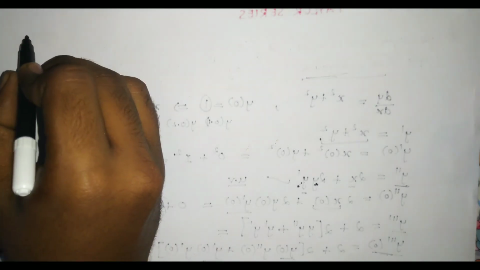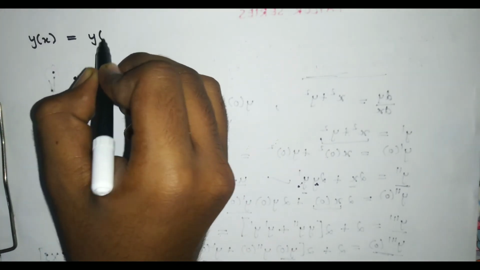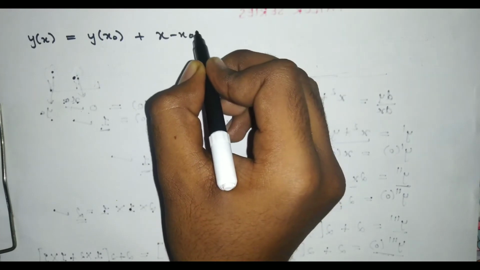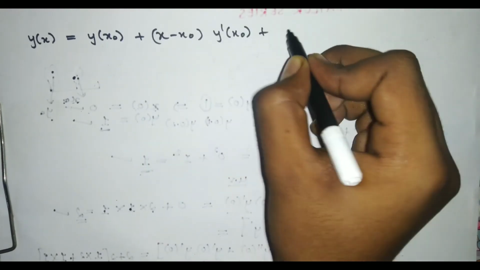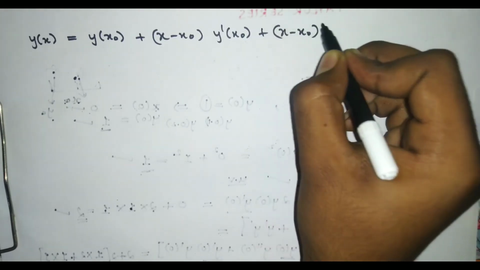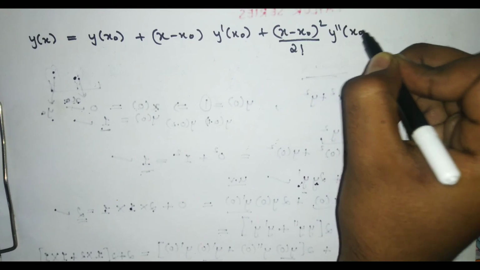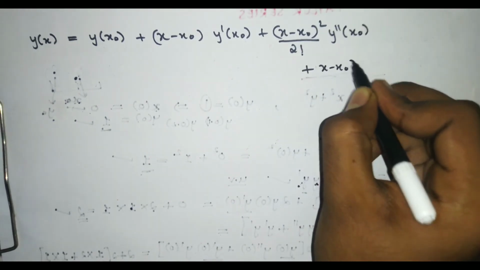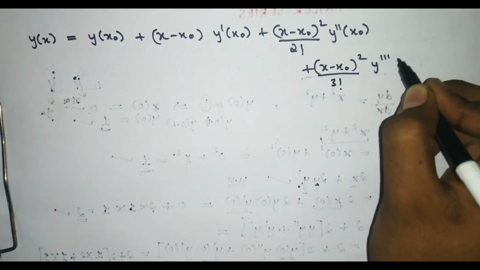I'll rewrite the Taylor series again. So y of x is equal to y of x naught plus (x minus x naught) into y dash of x naught, plus (x minus x naught) the whole square by 2 factorial into y double dash of x naught, plus (x minus x naught) whole cube by 3 factorial into y triple dash of x naught.